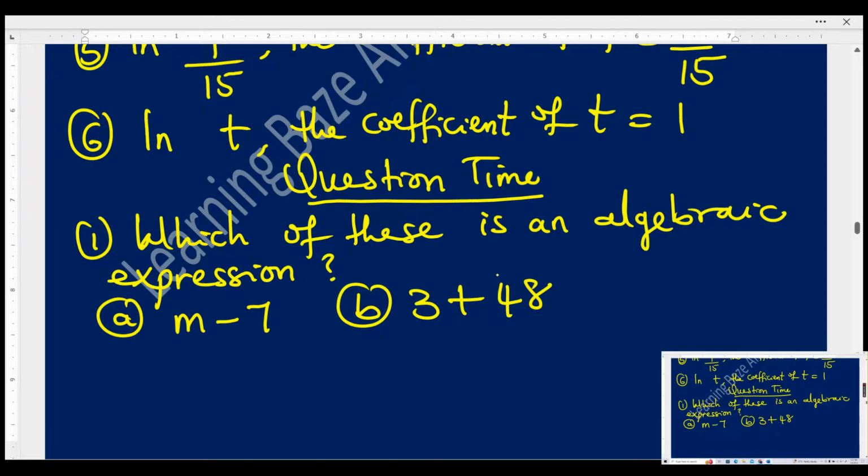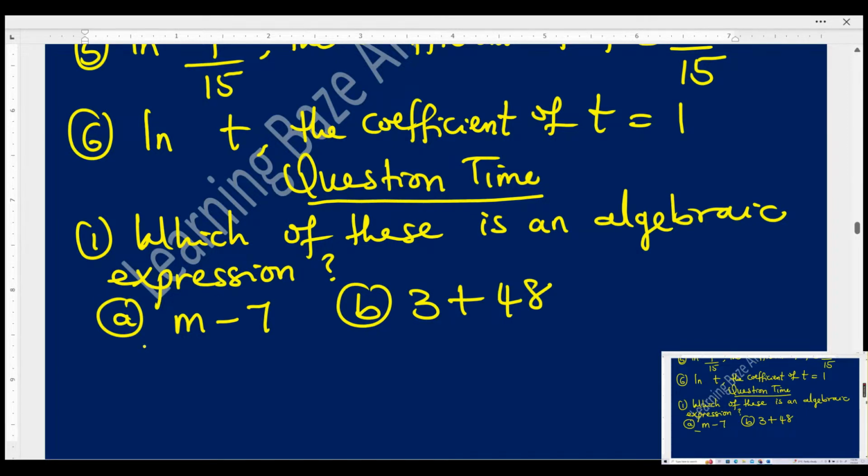Emmanuel also said A. Praise said A. Simi said A. Juliana said A. Ifeanyi Chukwu said m minus 7. That's correct. Shemilore said m minus 7. That's correct. Catherine said A. All right. Fantastic. So A is the correct answer.